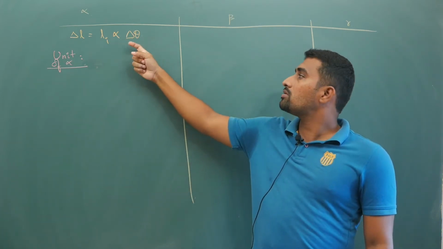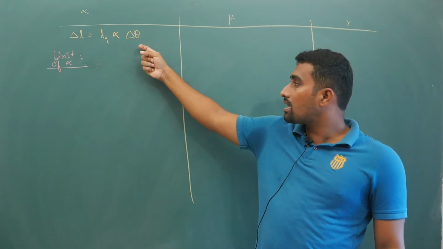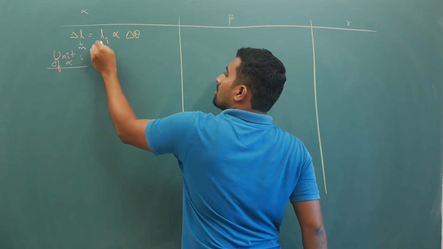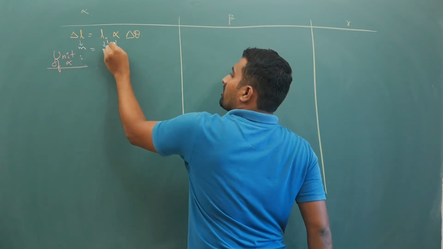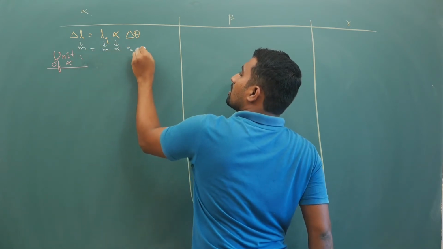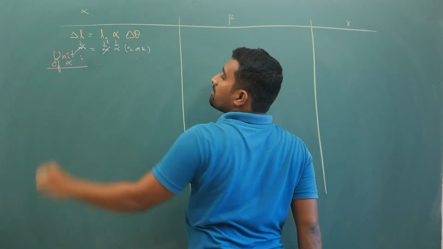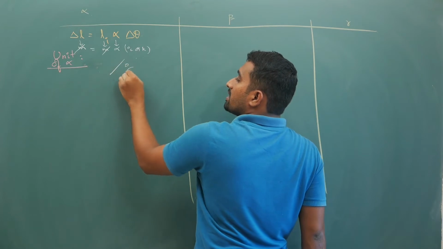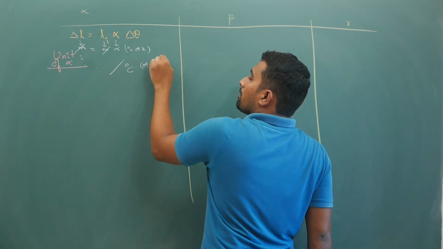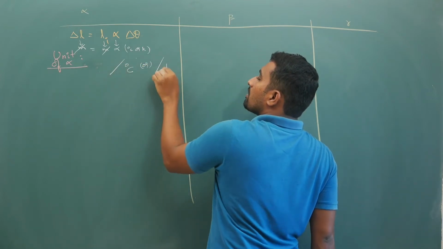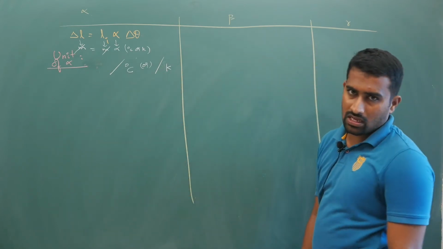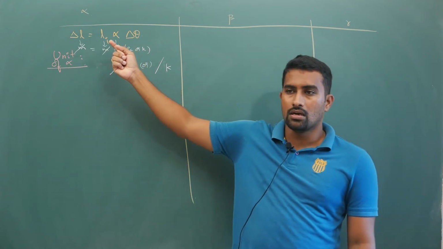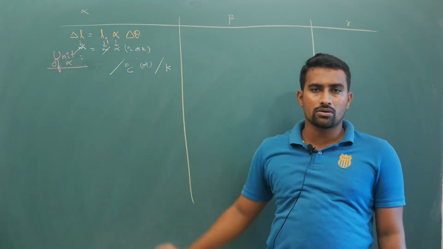So the meters will cancel off. The unit of alpha is per degree centigrade or per Kelvin. You will not write degree for Kelvin, just per Kelvin. The temperature difference is the same in both the Celsius scale and the Kelvin scale, so whichever you take, it is not going to change at all.